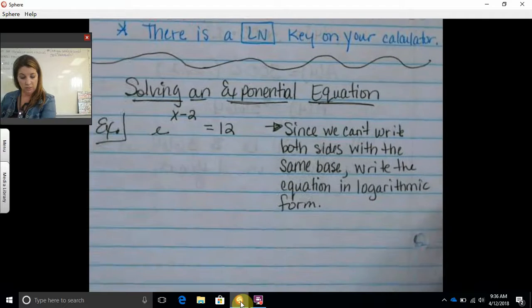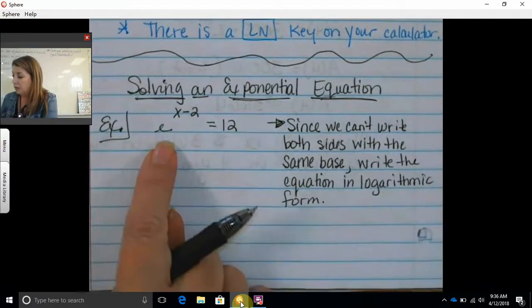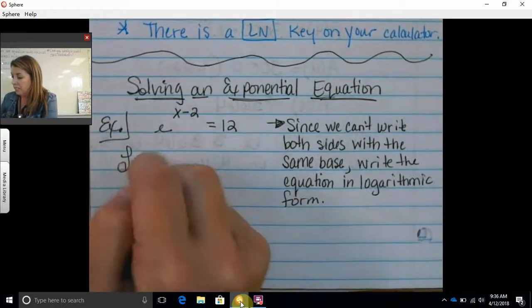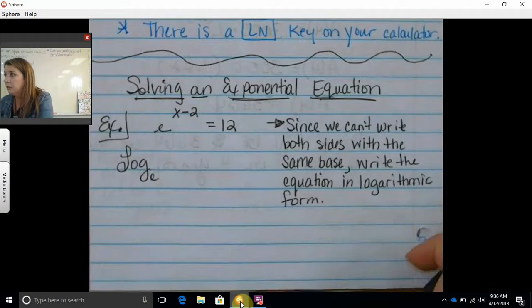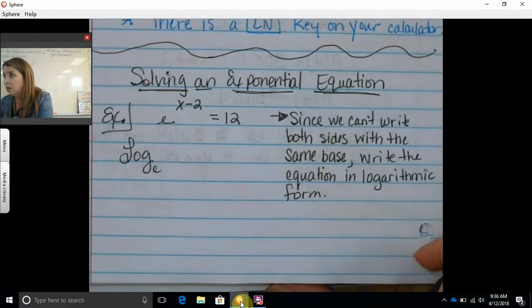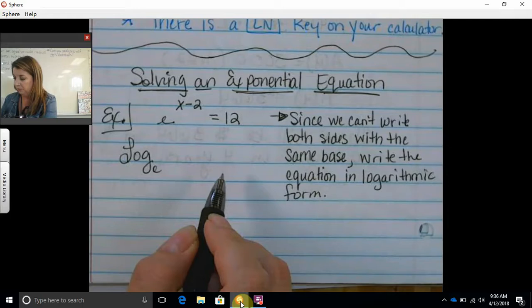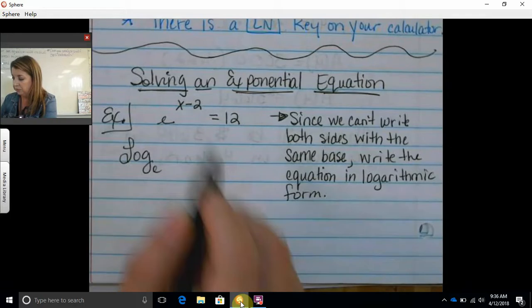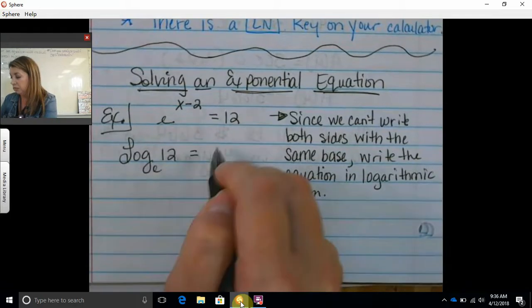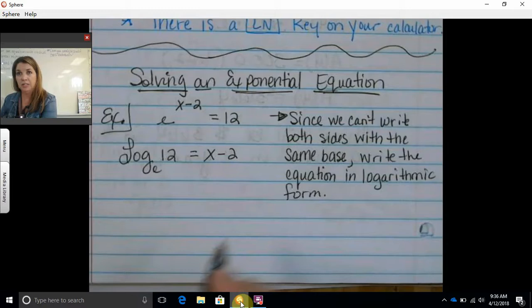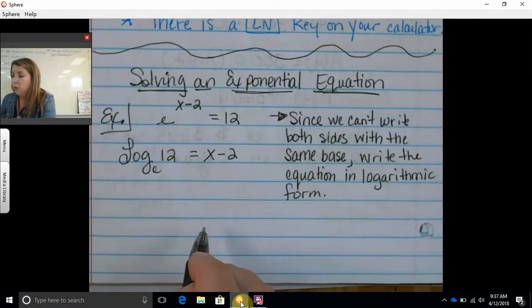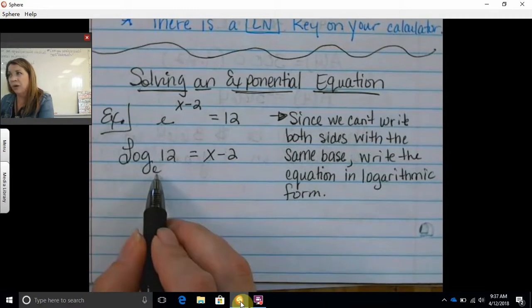Okay, so I would write this as log base e. Really, I wouldn't, but I'm going to do it right now because that's how we're used to seeing it. Log base e of what number? 12 equals x minus 2. But if your base is e, we don't write it like that.